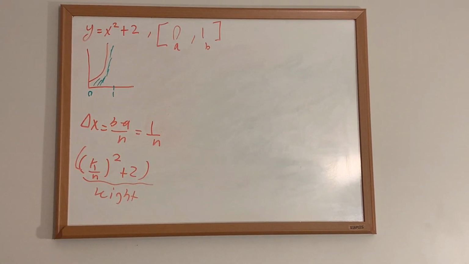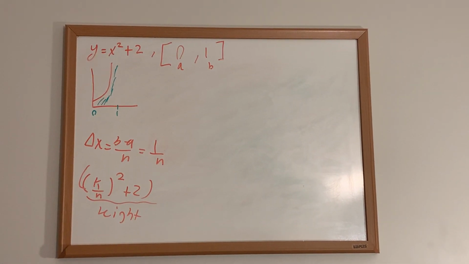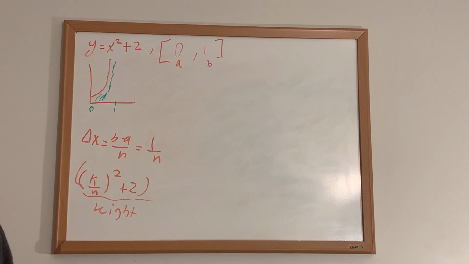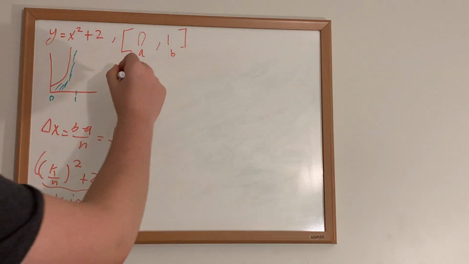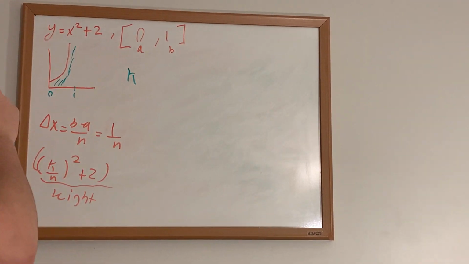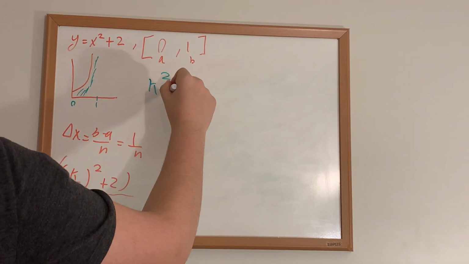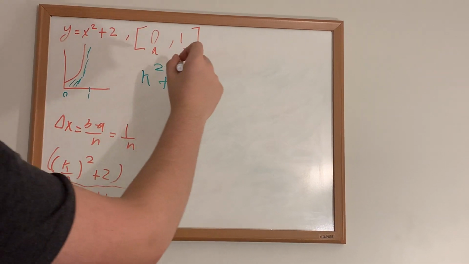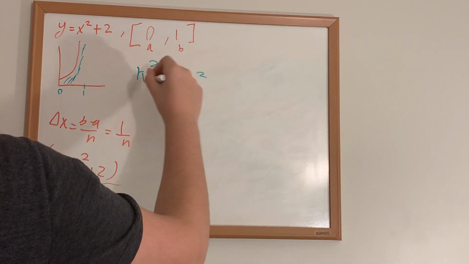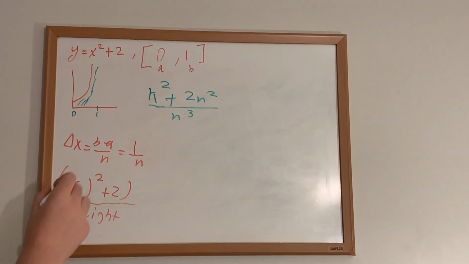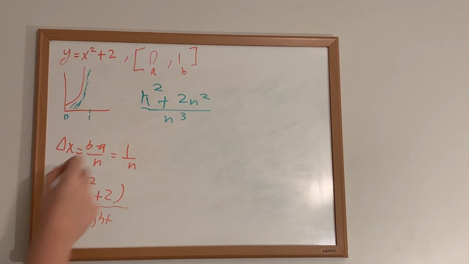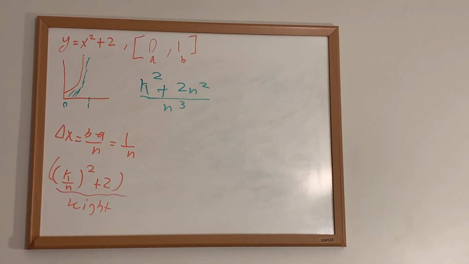If you multiply 1 over n times k squared over n squared plus 2, the quantity we get is k to the second power plus 2n squared over n cubed. So this is the result of multiplying the height and the width of the subintervals.